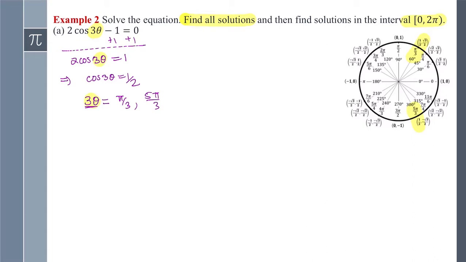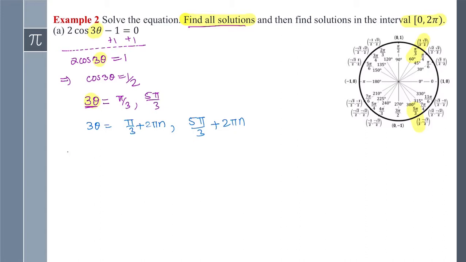We are not going to find theta yet. From here we write 3 theta equals pi over 3 plus 2 pi n for the first one, and for the second one, 5 pi over 3 plus 2 pi n.